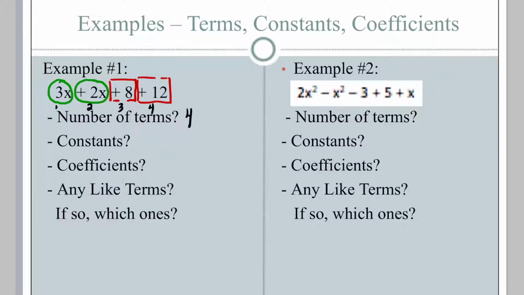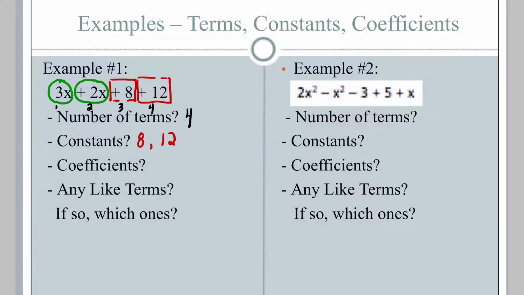And in these 4 terms, we have constants. Remember, constants are numbers without a variable. In this case, the 2 terms that do not have a variable are the term 8 and the term 12. Coefficients, remember, are numbers that are multiplied by a variable.